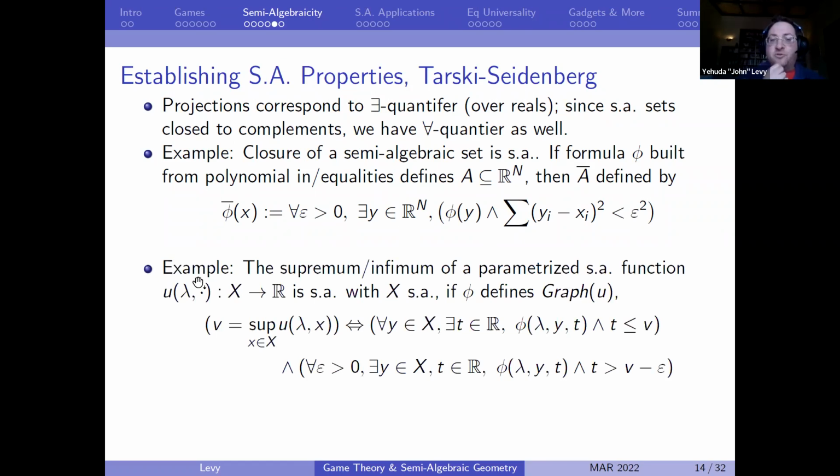Another example that's useful for us: suppose I have a semi-algebraic function. Semi-algebraic function means that its graph is semi-algebraic. A semi-algebraic function of 2 variables, where we think of the first as a parameter and the second is something we're trying to optimize over.